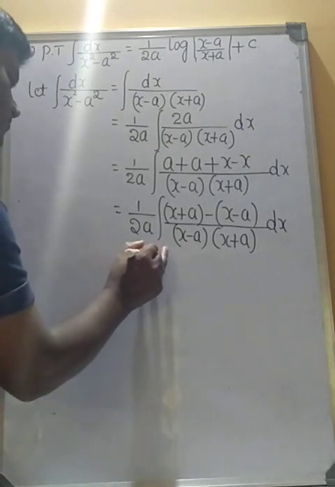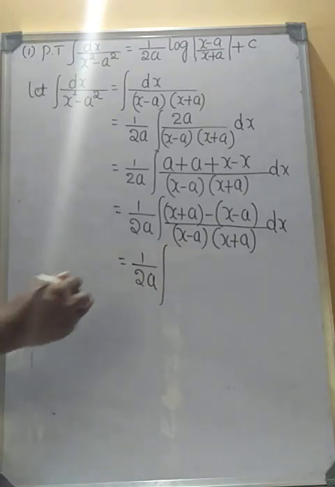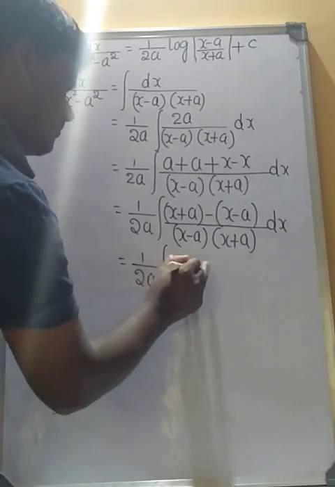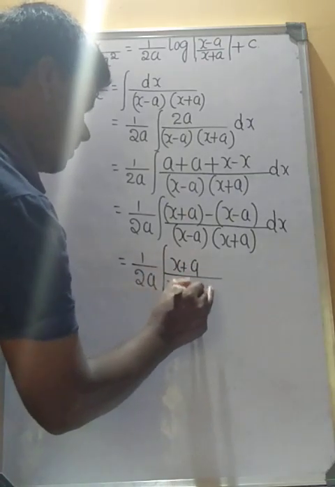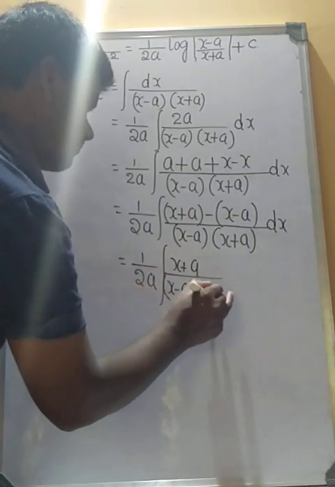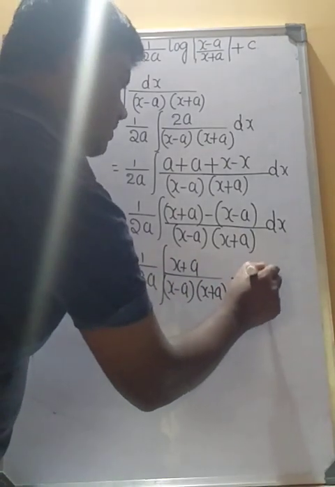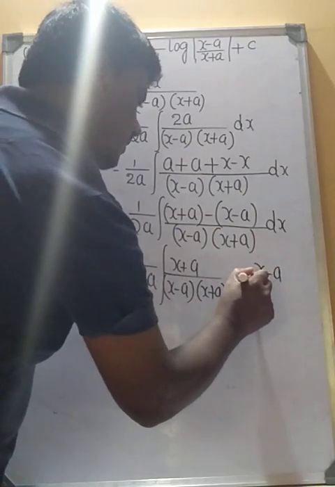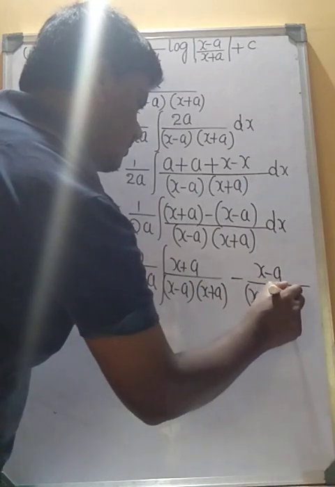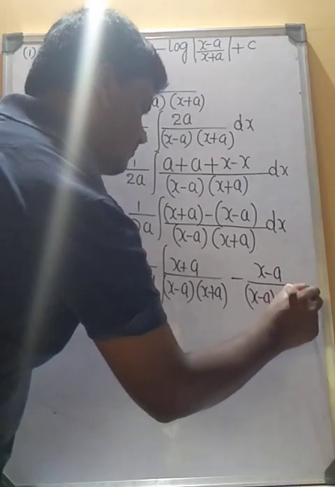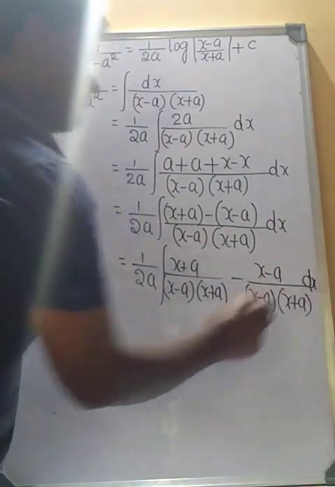That equals 1 divided by 2a integral of x plus a divided by x minus a into x plus a, minus x minus a divided by x minus a into x plus a, into dx.